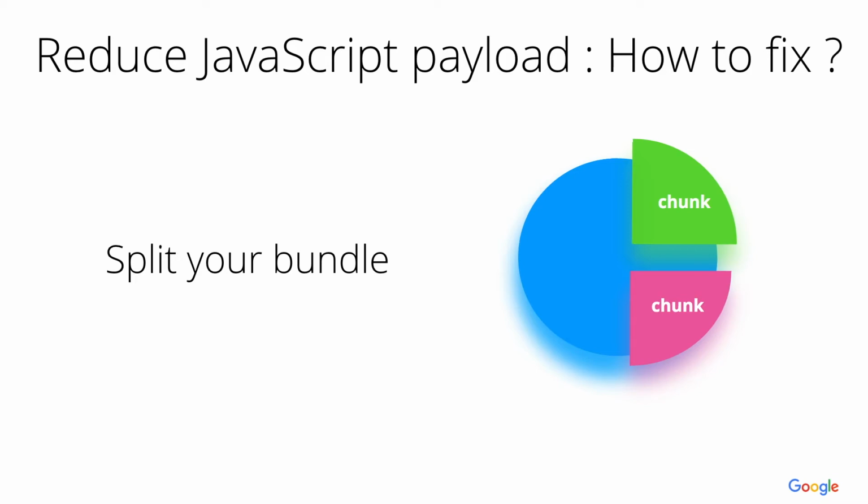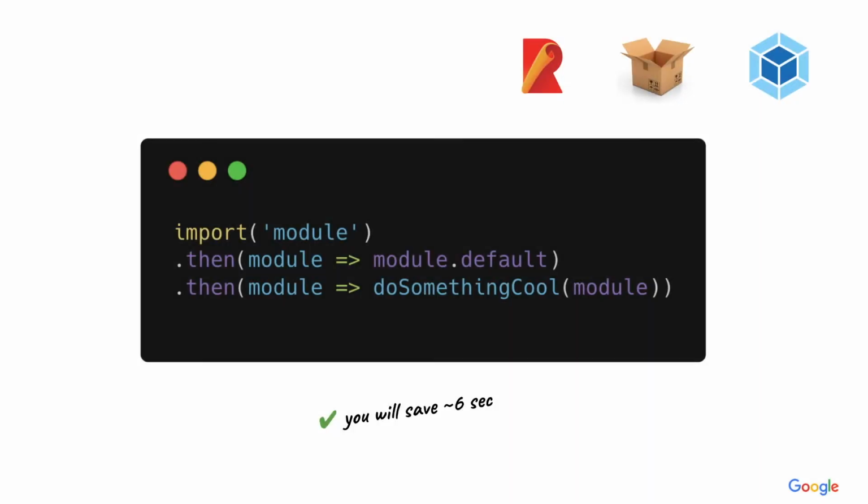Okay, now I think it's a killer feature of bundlers and the biggest weapon that I have for you in this presentation to speed up your website: use code splitting to reduce your JavaScript payload.